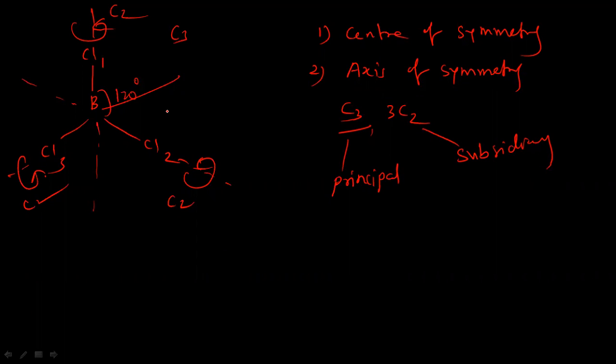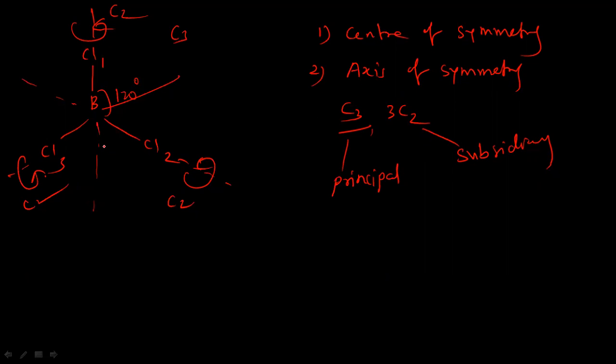One is a threefold axis of symmetry, and the other is a twofold axis of symmetry. Along with it, it is having the vertical plane of symmetry, sigma v, and the horizontal plane of symmetry, sigma h. So in this way, by taking the example, we show different types of symmetry elements.